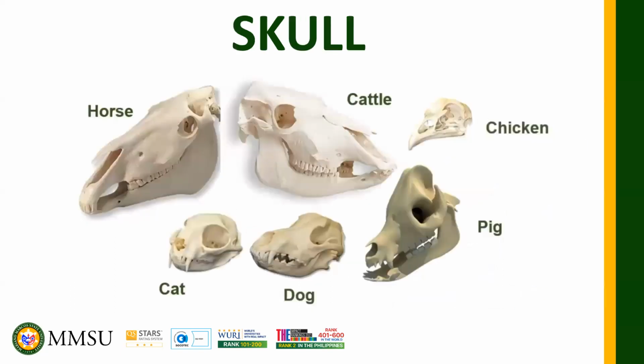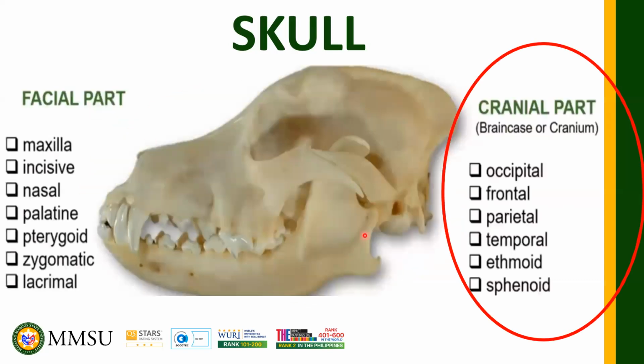So yung skull ng animals natin could differ from one another based on their appearances. Like for example, ito yung horse, ito yung cattle, this is for the cat, the dog, the swine, and then we have the chicken. Okay, so let's start.